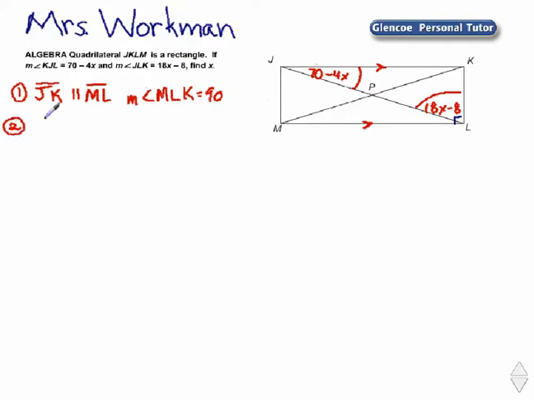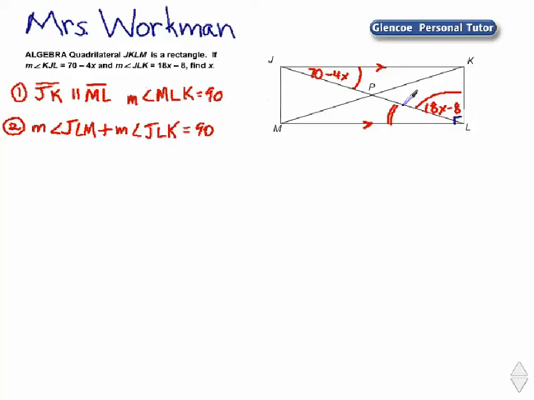Something else I know is that the measure of angle JLM plus the measure of angle JLK is equal to 90. Let's take a look at the diagram. JLM is this angle right here.